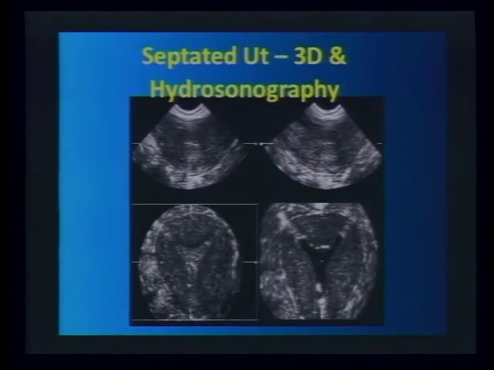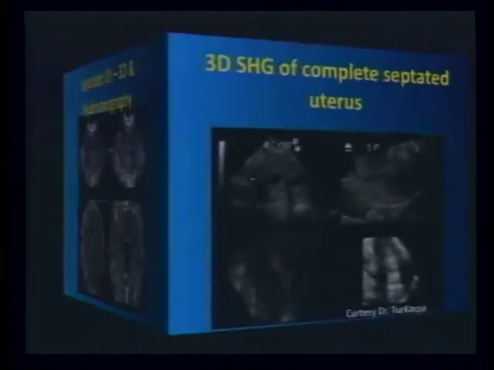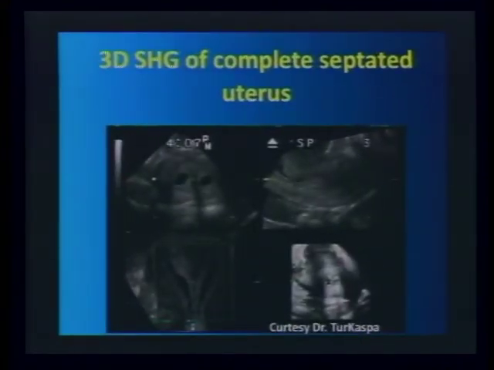As you can see here, the fluid inside the uterine cavity demonstrates very well, in this case, a subseptated uterus. Another case with sonohysterography of a complete septated uterus. You can see the fluid in both cavities, and the large septum is demonstrated very well.